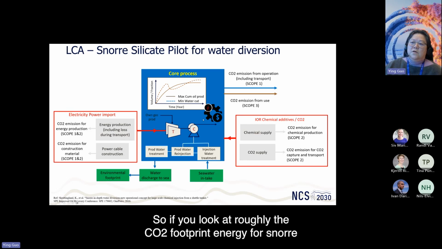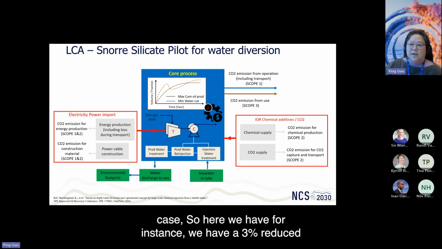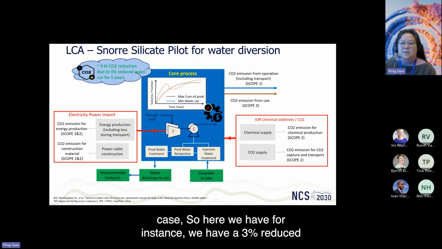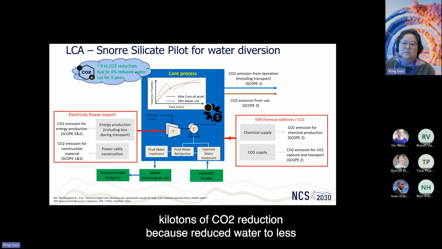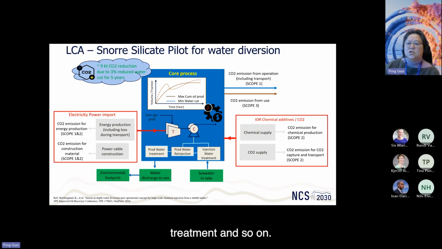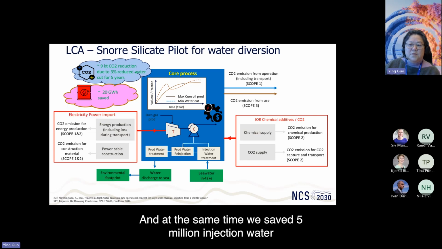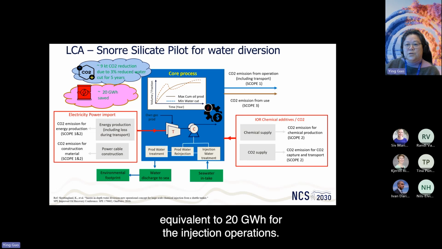If you look at roughly the CO2 footprint and energy for the SNORA case, we have a 3% reduced water cut for 5 years. That could be mapped back to about 9 kilotons of CO2 reduction because of reduced water, less treatment, and so on. At the same time, we saved 5 million tons of injection water, equivalent to 20 gigawatt hours for the injection operations.